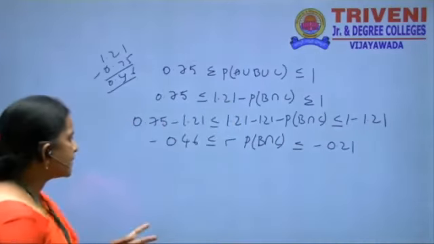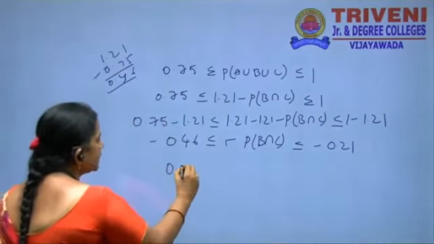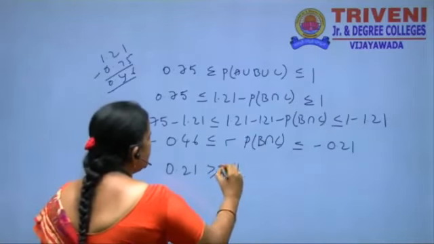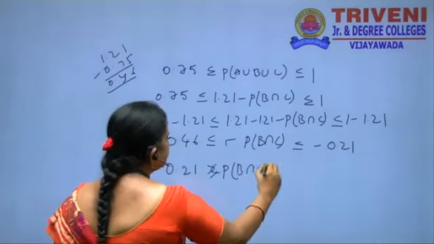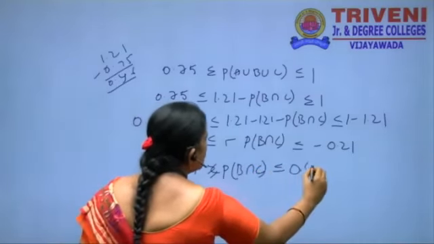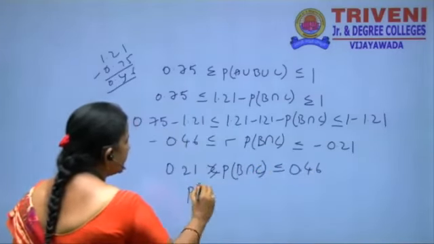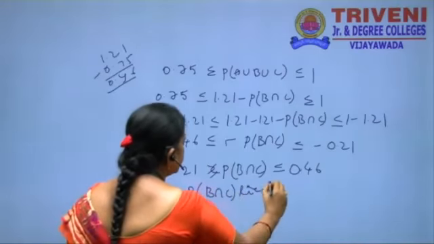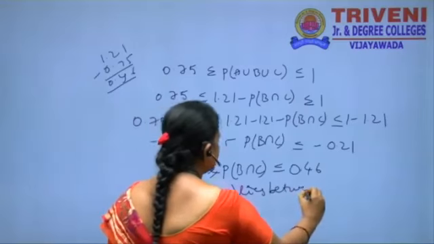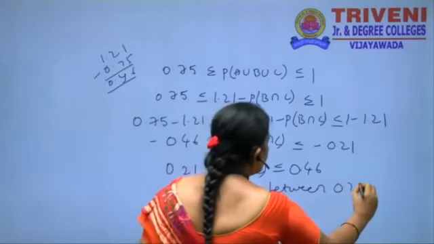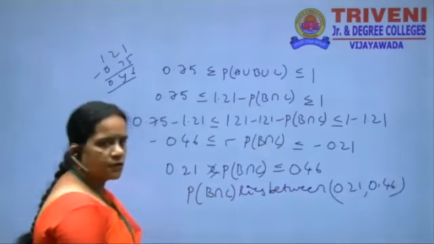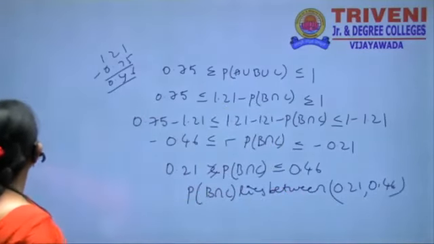Taking the minus common, we get 0.21 is greater than or equal to P of B intersection C, less than or equal to 0.46. Then P of B intersection C lies between 0.21 and 0.46. Okay, and then we are going to the next problem.